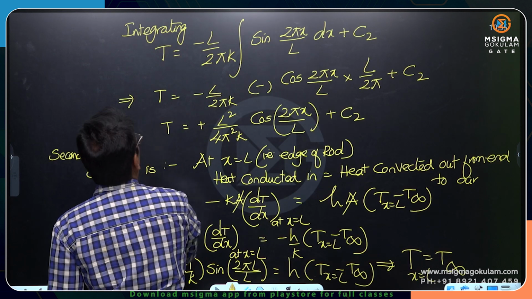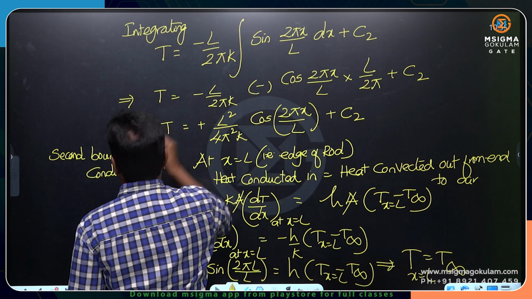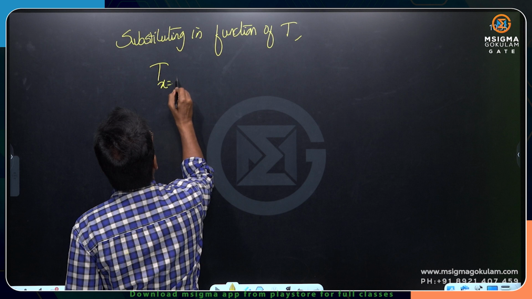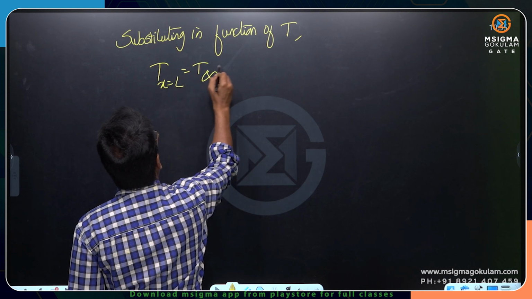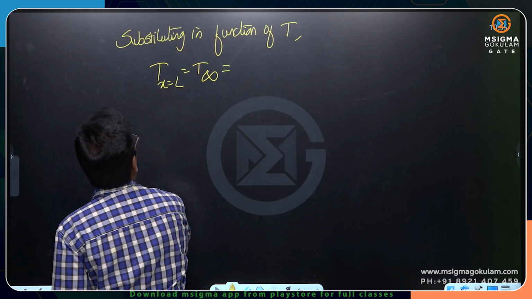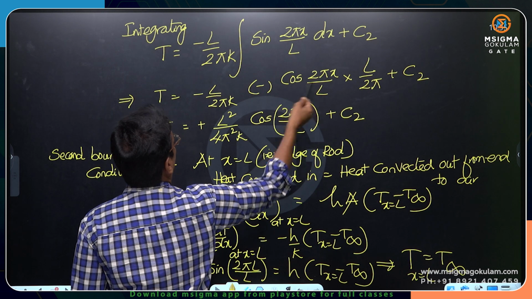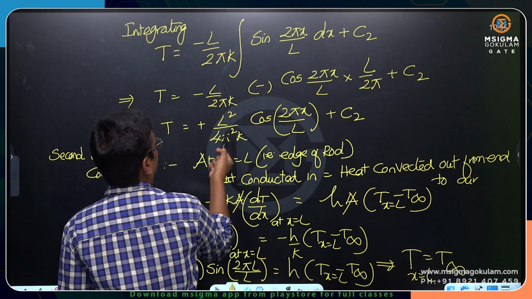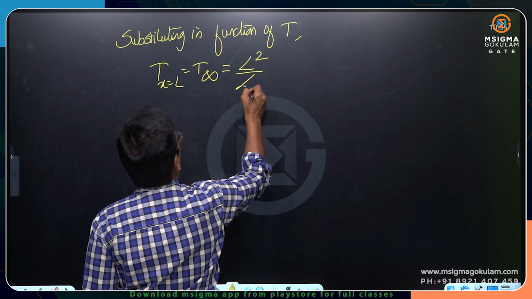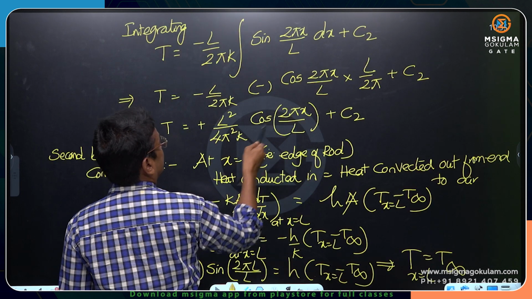Now look at this. Here, the temperature at x equals L, you have to keep at T infinity. Substituting this function, I am substituting x equals L, so it becomes L square by 4 pi square k cos.